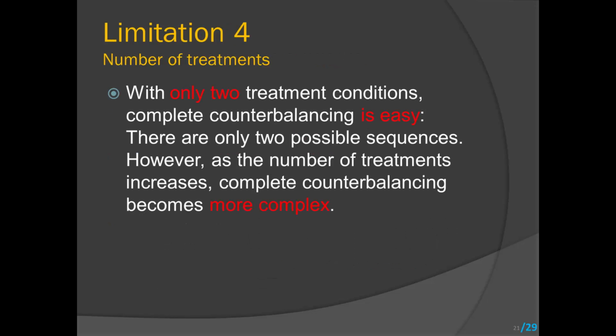Another limitation is that when you have only two treatments, it's easy and possible to do the counterbalancing. But imagine that we have 4 or 5 different treatments. If we want to do counterbalancing, then we have to look for 4 or 5 subgroups and also different combinations of the order in which we put the treatments together.